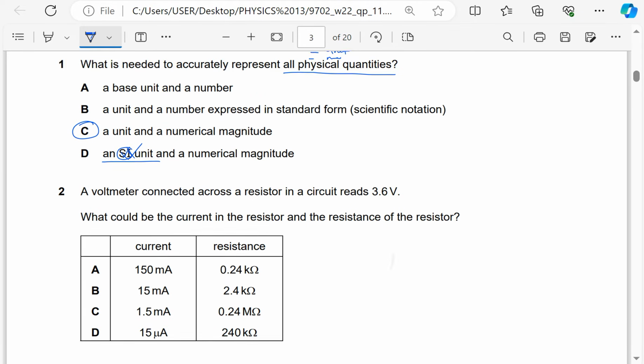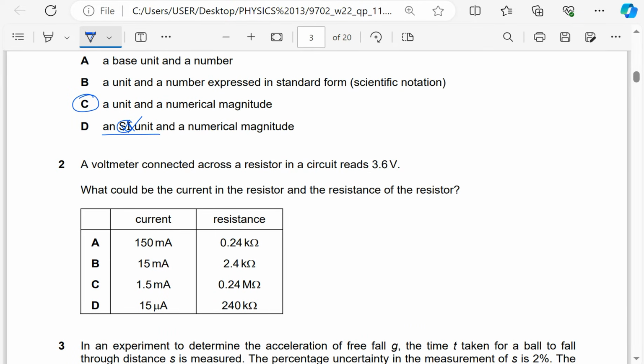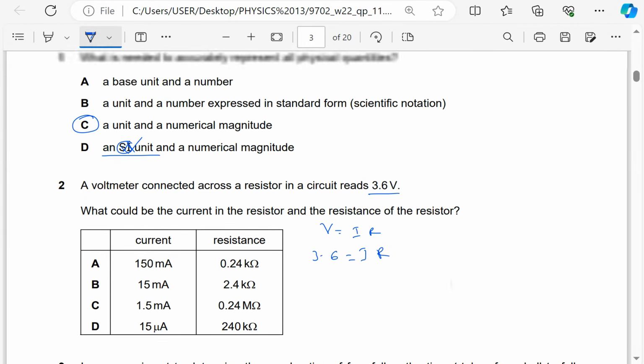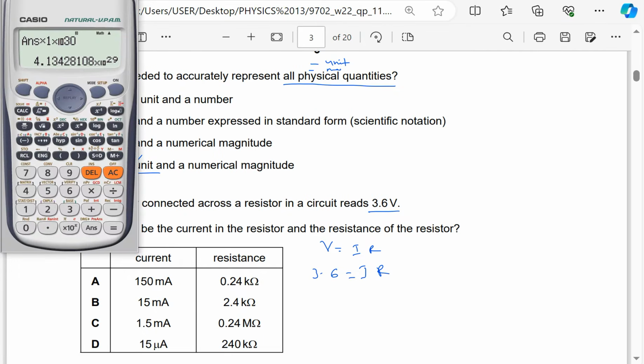A voltmeter connected across a resistor in a circuit reads 3.6 volts. What could be the current in the resistor and the resistance of the resistor? So using V equals I times R, remember V should be 3.6. So I'm just going to look for a pair that gives me 3.6. I'll pick my calculator and check which one of the pairs gives me 3.6.